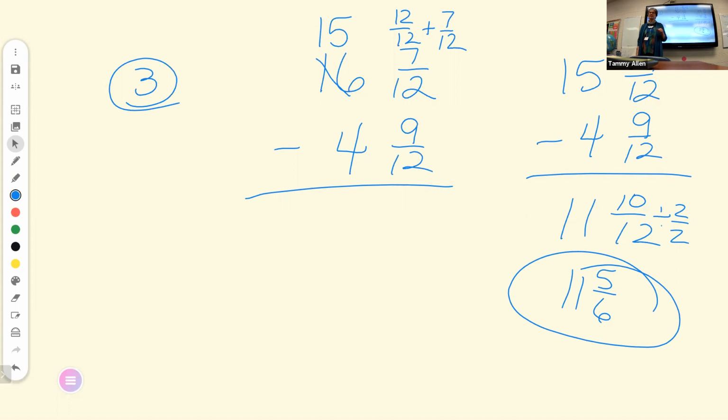And everybody's got it, right? All right, now, I have a worksheet. It has 12 problems on it, but I only want you to do the first 3. The problems are written horizontally. You are not going to solve them horizontally.